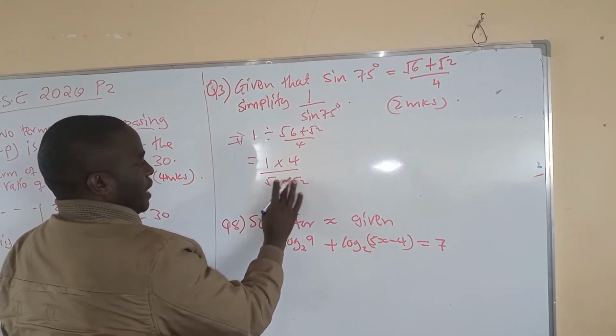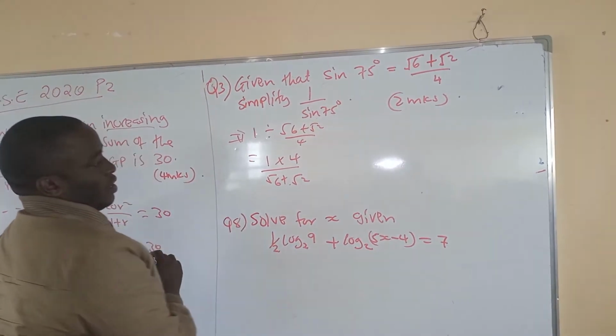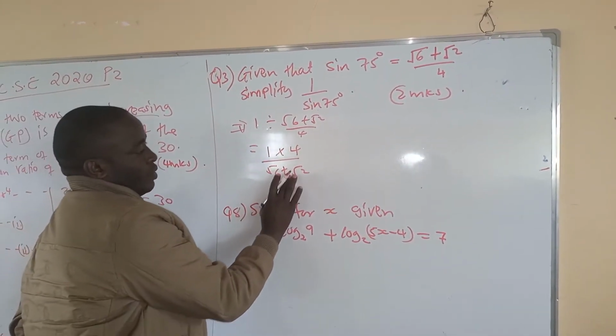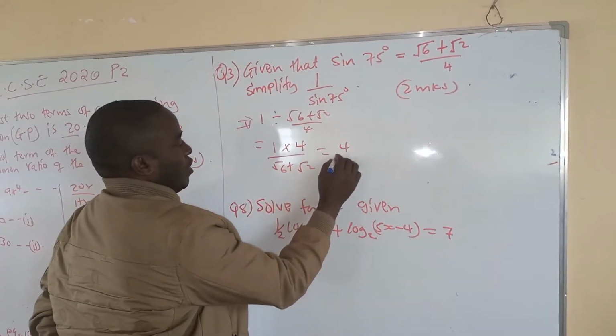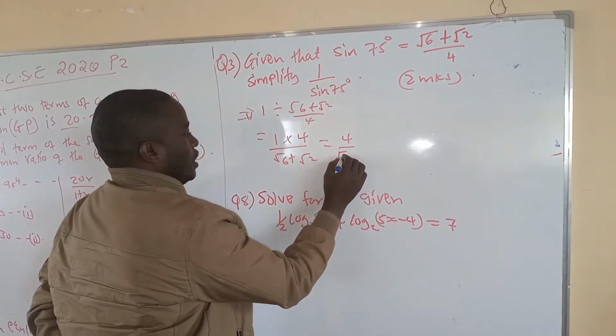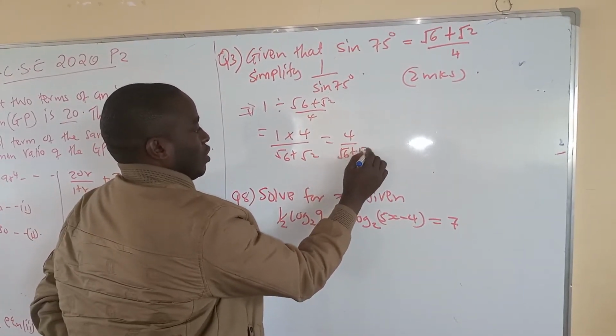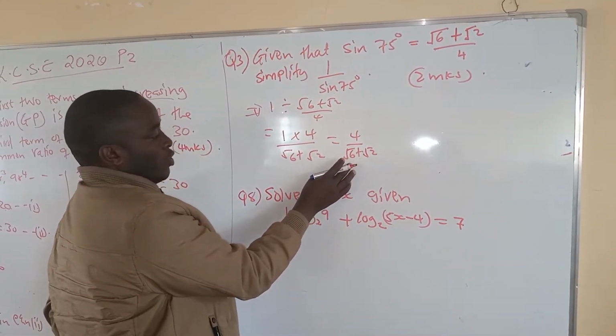This gives you 4 all over root of 6 plus root of 2. Now, we rationalize the denominator.